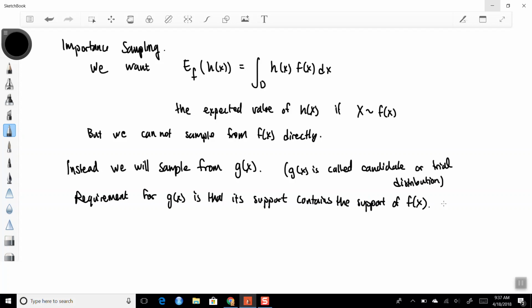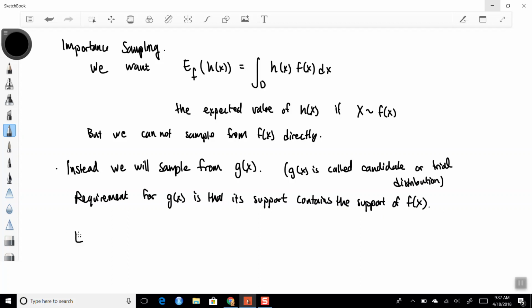So all we're going to do is sample instead from g of x. But if we do that, then we're not going to get the expected value of h of x if x is drawn from f of x. We're going to get the expected value of h of x if x is drawn from g of x. So we kind of weight the values that we draw.